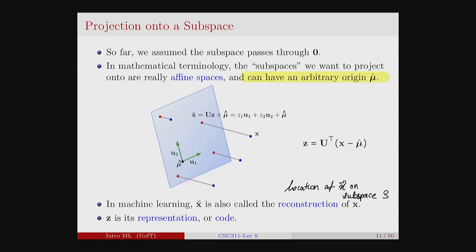Why do we call it the representation or the code? Is because it's a new system to describe how this point behaves. It is a representation of this point, not in the original ambient space, but rather in the space spanned by the orthonormal basis of this linear operator, this matrix U.